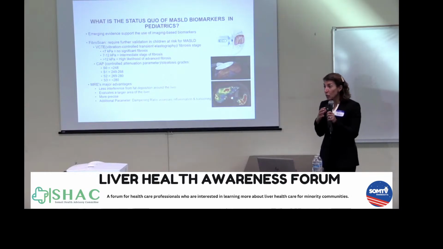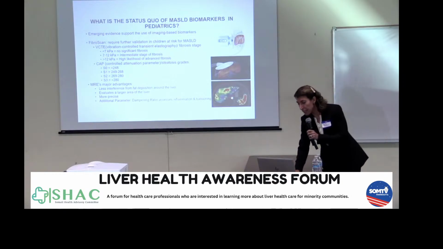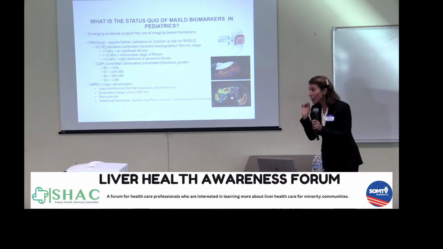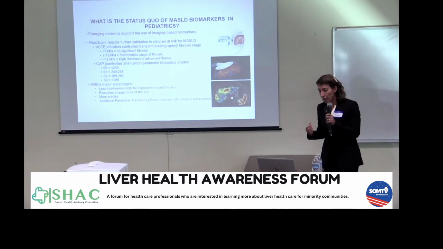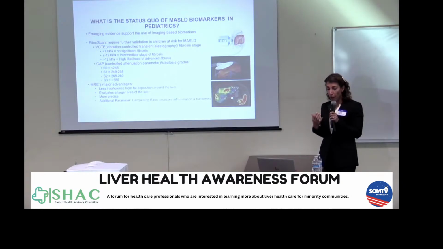And it's thought to be better than the FibroScan because with the FibroScan, the thickness of the abdominal fat can interfere with the signal, and it might not be very accurate for somebody who's significantly obese. But with the MRI, this is not much of an issue, so this is an advantage of using the MRI.